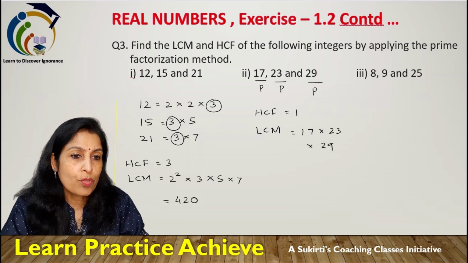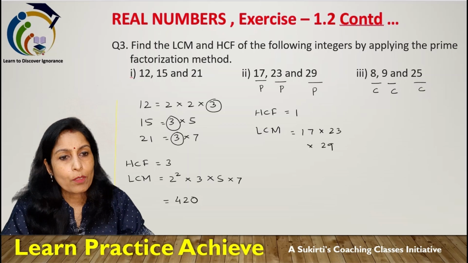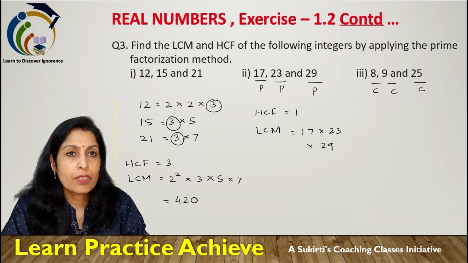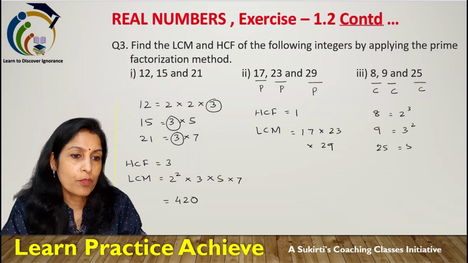Again in question number 3, 8 is a composite number, 9 is a composite number, 25 is also a composite number. Okay, but when we find the prime factorization of 8, you will get 8 is equal to 2 to the power 3, then 9 is equal to 3 to the power 2, and 25 is equal to 5 to the power 2.